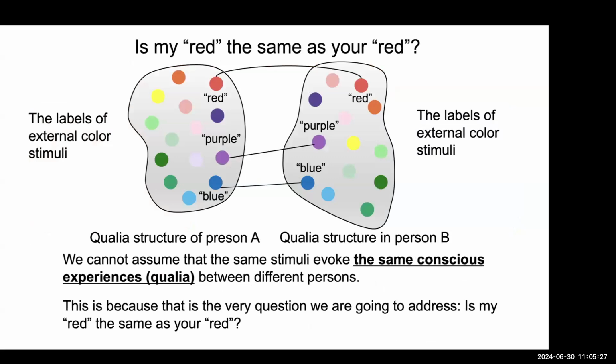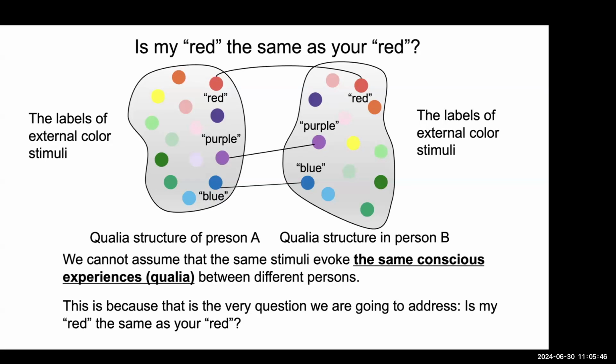To do that, the usual method is called representational similarity analysis, or supervised alignment. In this framework, we assume that red should correspond to red, and purple should correspond to purple, and blue to blue.